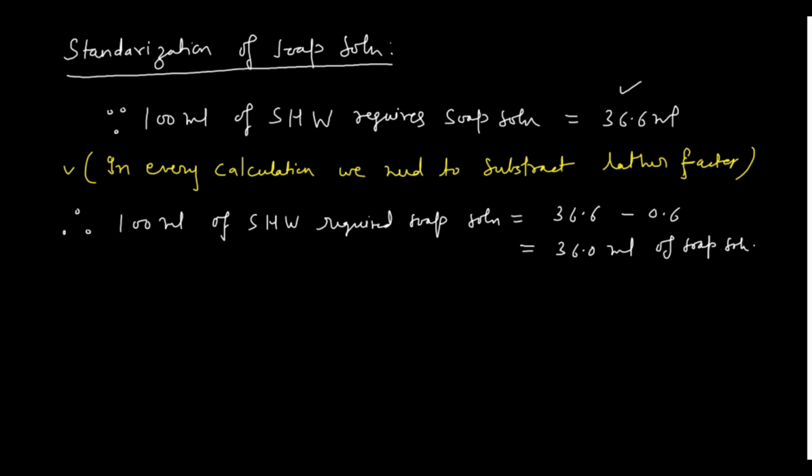Now this 36 ml, please remember, is now equivalent to what? 100 ml of the standard hard water, and your 100 ml of standard hard water actually contains calcium how much?